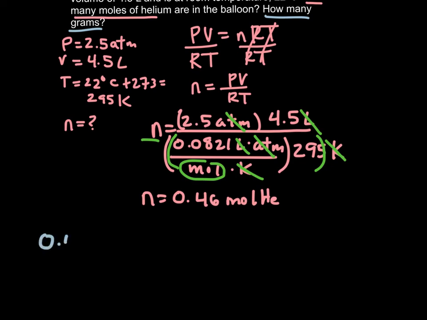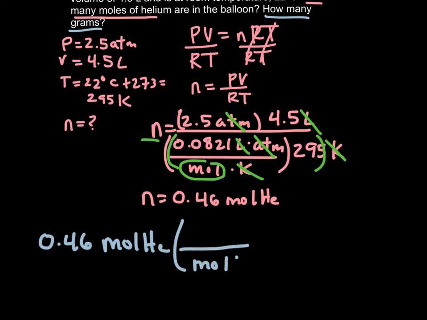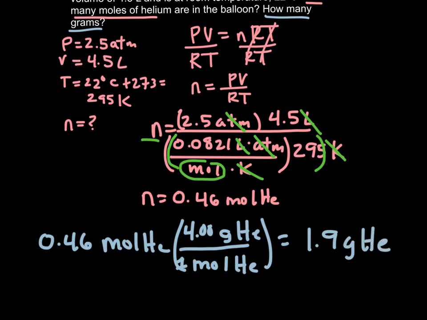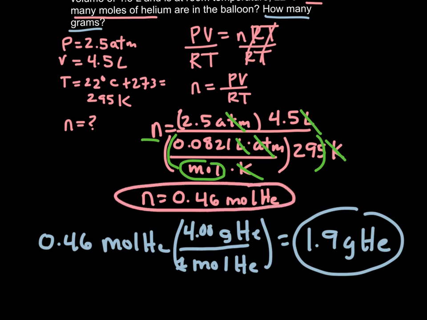We take our 0.46 moles of helium and we do some dimensional analysis to get rid of moles of helium and go to grams of helium. On the periodic table, the molar mass of helium is 4 grams to 1 mole. And this gives us an answer of 1.9 grams of helium. Please keep in mind I have kept proper sig figs for both of these calculations.